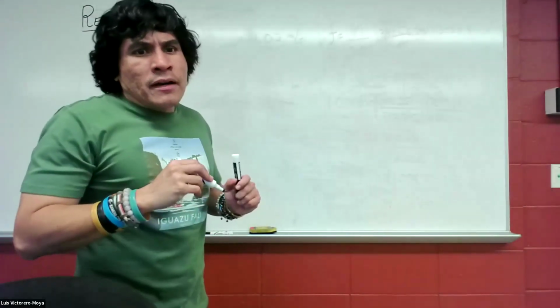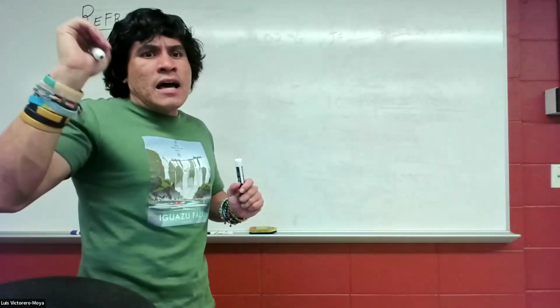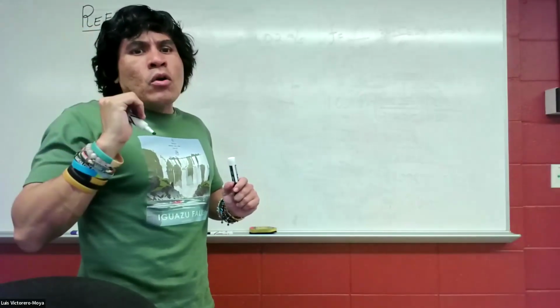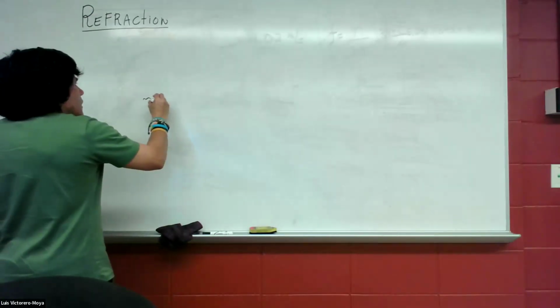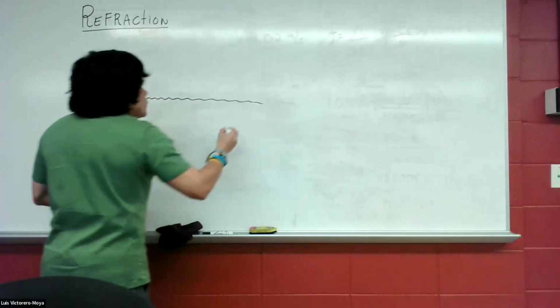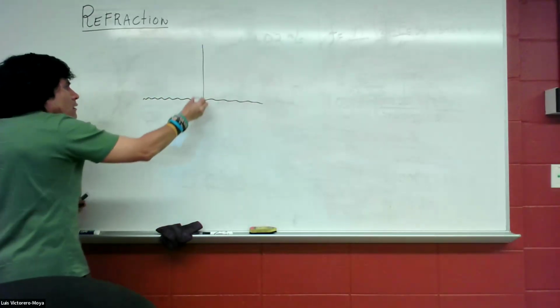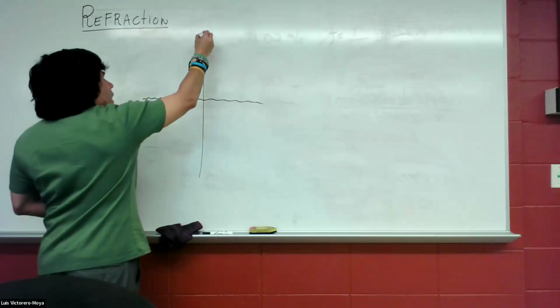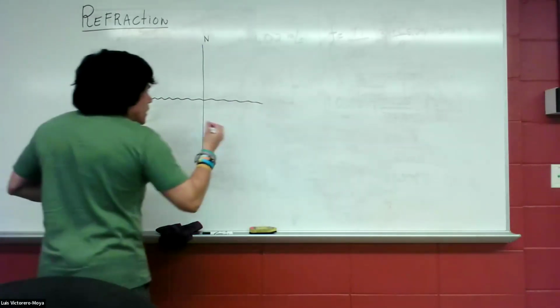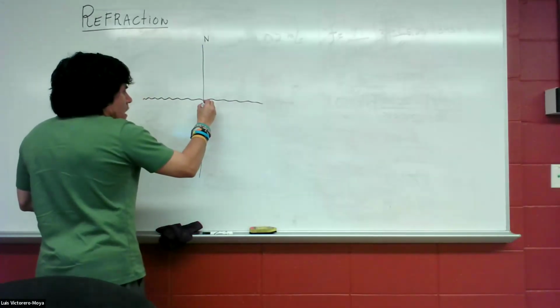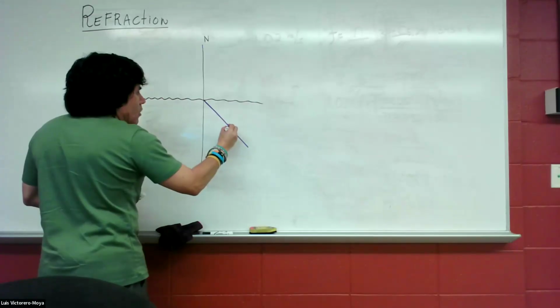So you have a scuba diver that sees the sun at an apparent angle of 28 degrees from the vertical. Look, guys, they tell you everything you need to know there. This is water. You always need a normal. I go over this in the lecture. And then you have a scuba diver here, looking at the sun at an apparent angle.